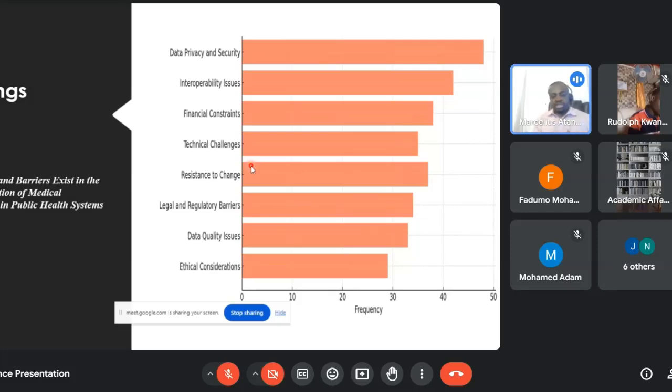Ethical considerations. This is another very important area. Ethics is the backbone of health. Ethics is the backbone of every community. We need to respect some ethical considerations in order to be able to do this.